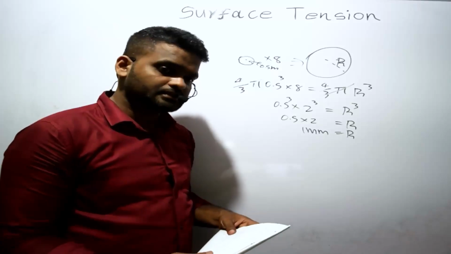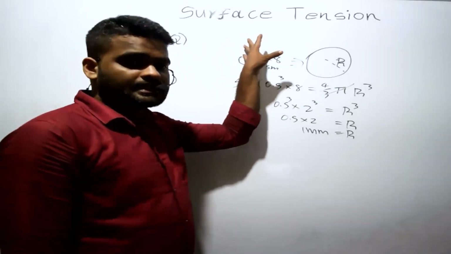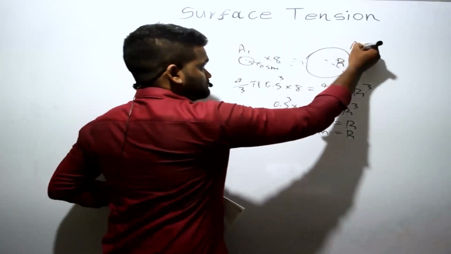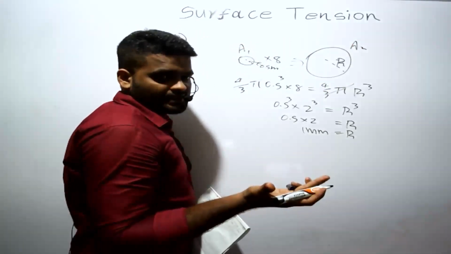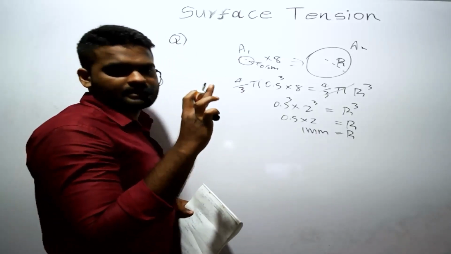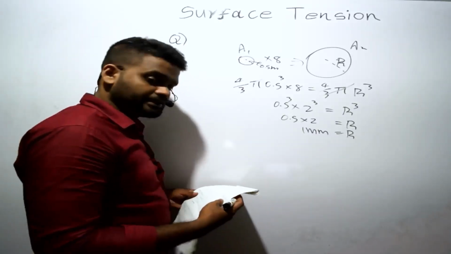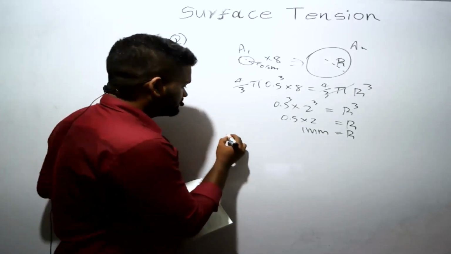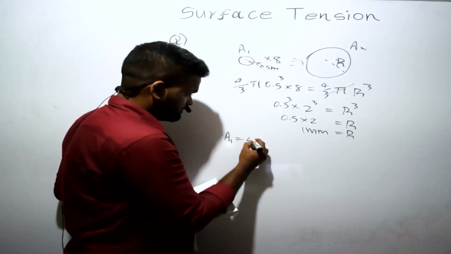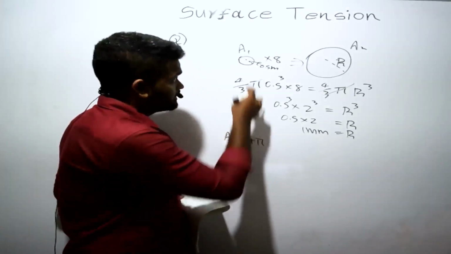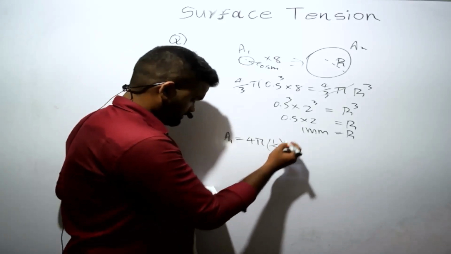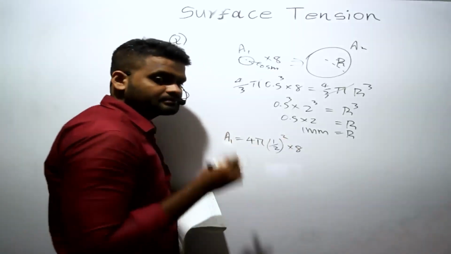Okay, that is done. Here what has happened? Area has decreased. Here you have to find the decreased area, then apply T times delta A. Separately find areas. Here A1 is 4 pi times 1 over 2 square, there are 8.